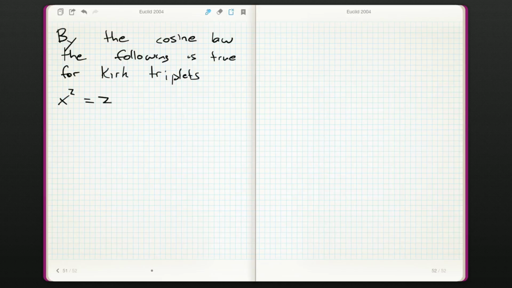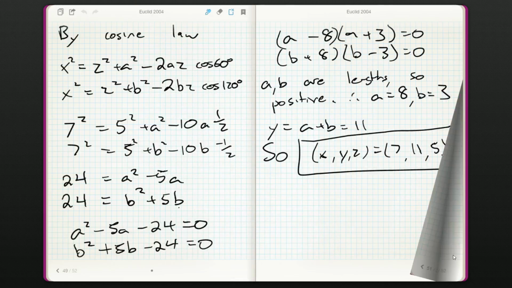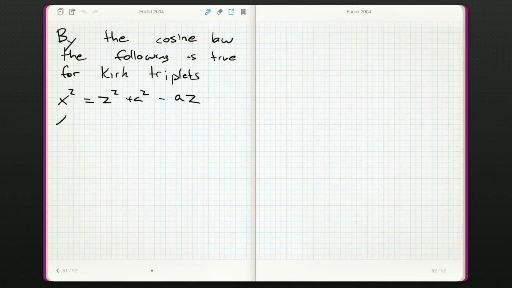X squared is z squared plus a squared minus, and then the half and the 2 will cancel out, so it'll be az, right? Yes. And then x squared equals z squared plus b squared minus bz. That's why we got those 5's there, because z is 5.